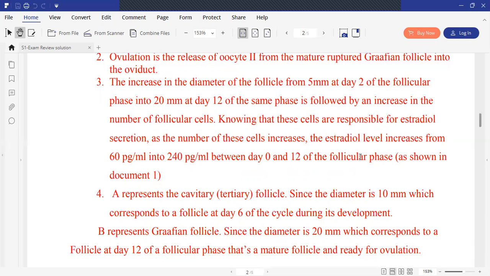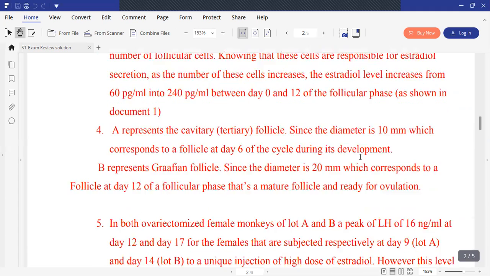While document B is at diameter 20, just before the ovulation, so it prepares itself at day 12. So it's the Graafian follicle.